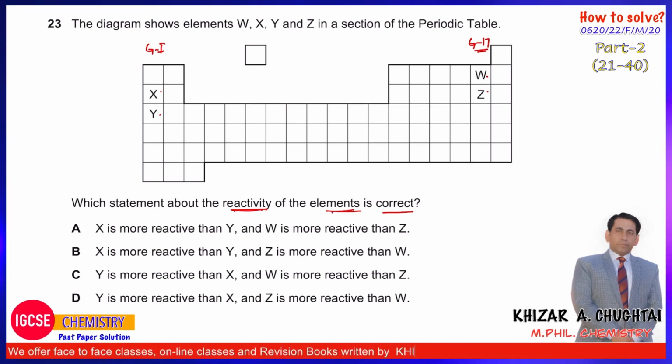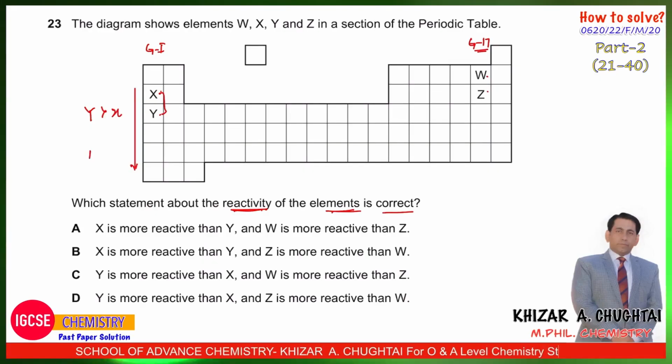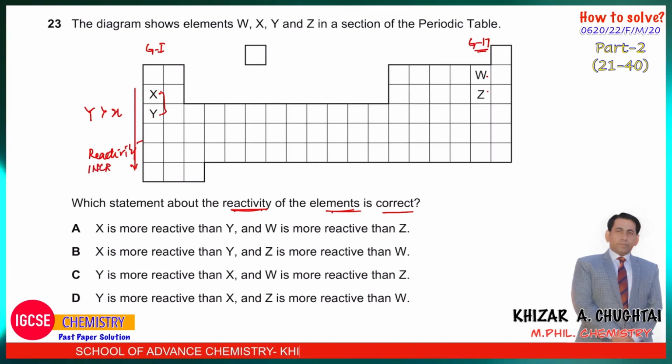So, which statement about the reactivity of the elements is correct? The first is X is more active than Y. No. Basically, Y is more active than X. As we move down the group, reactivity increases.